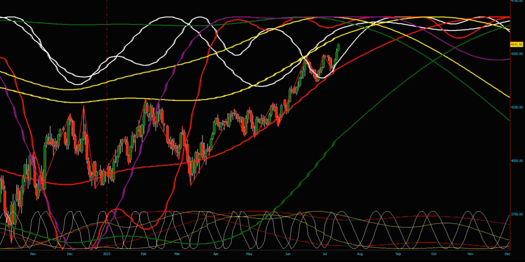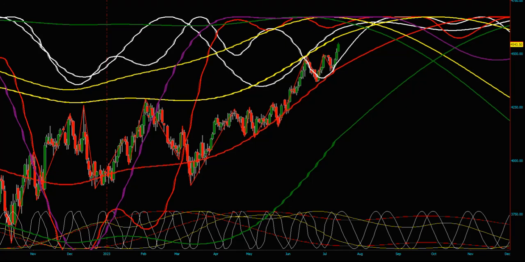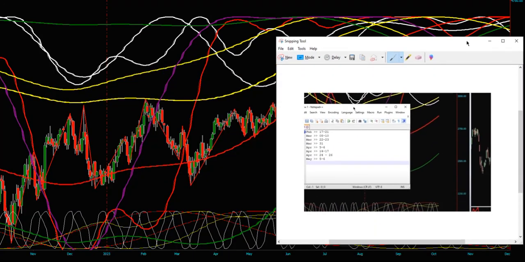So let me take a picture of that. Dates we had right here. So we said somewhere in Feb 17-21.